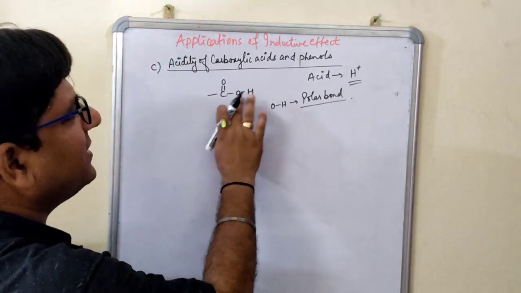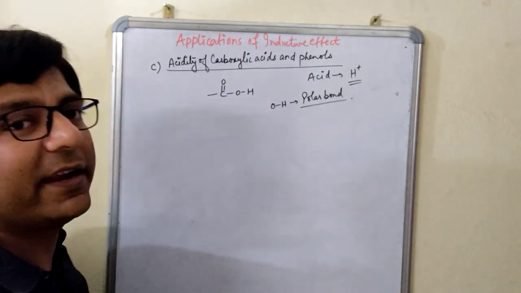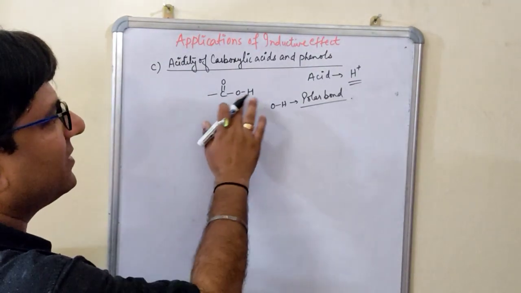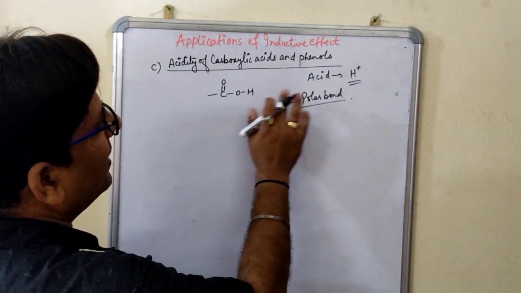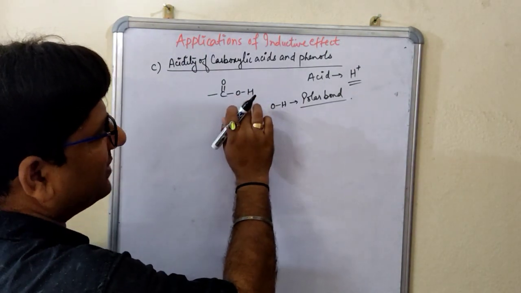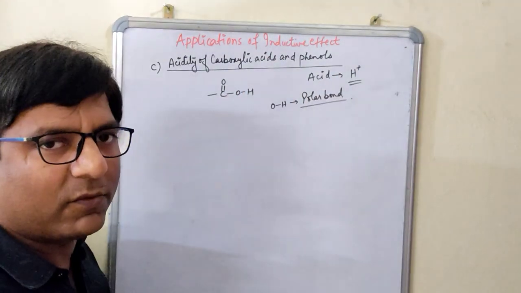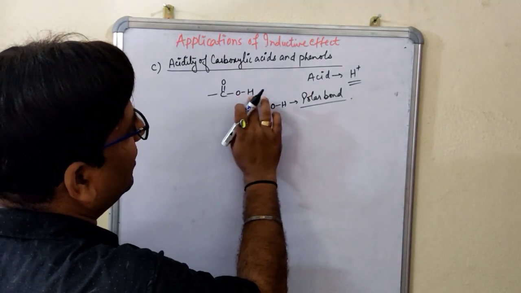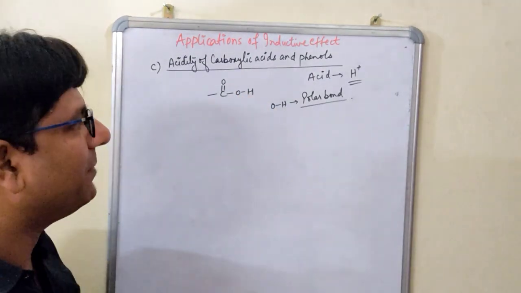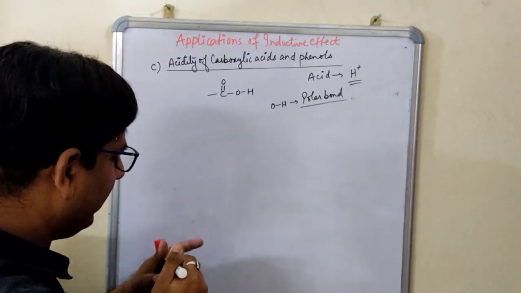Means the polarity has been developed. And why the polarity has been developed? Because of the difference in the electronegativity. That is why this bond has become polar, right? Now if we want to release the H from this acid, we want that H plus should move out in the form of a what? Proton. What we can do? If we manage to decrease the polarity of this OH bond, then easily what will happen?